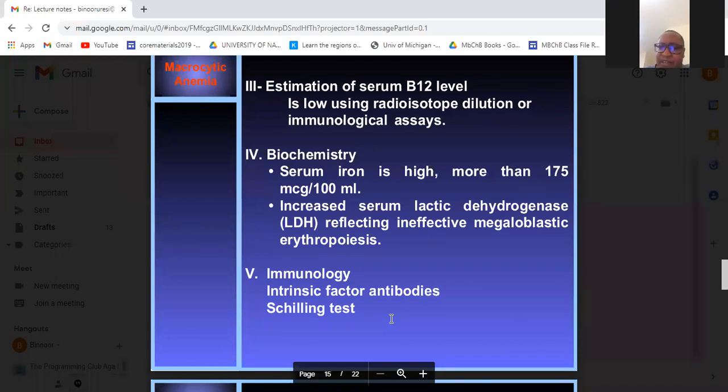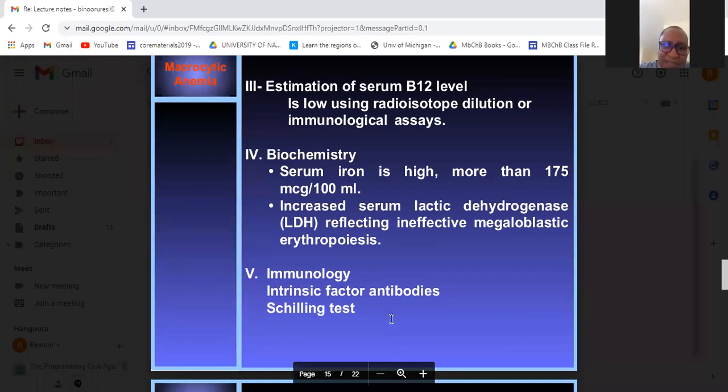If I summarize the investigations, the main investigation is the total blood count, obviously, which tells you about the macrocytes, MCV more than 100. The other parameters, the leukocytes and platelets, will be normal or reduced. You do a peripheral blood film and a bone marrow where you see what I've just described.